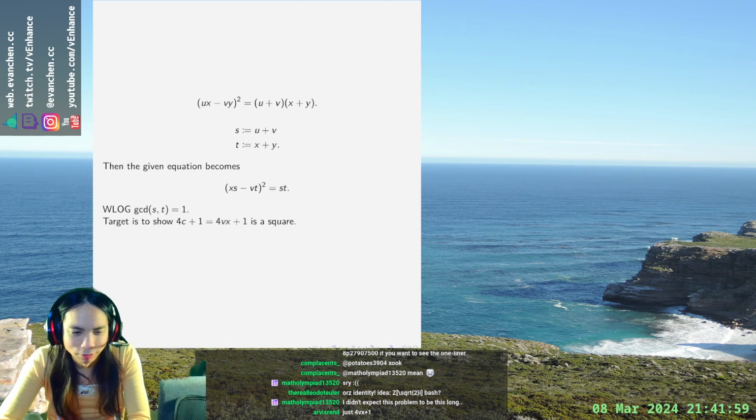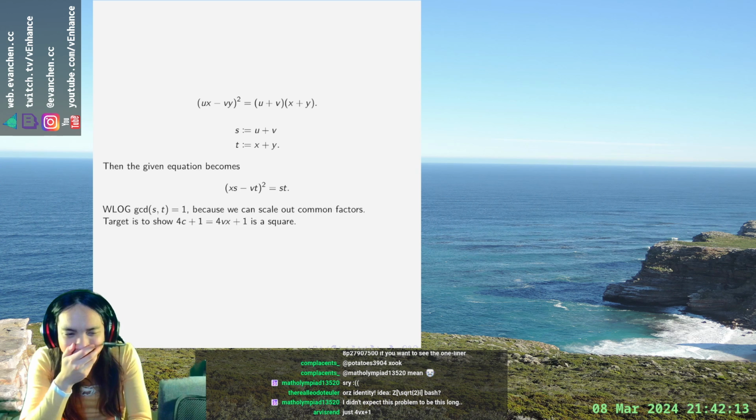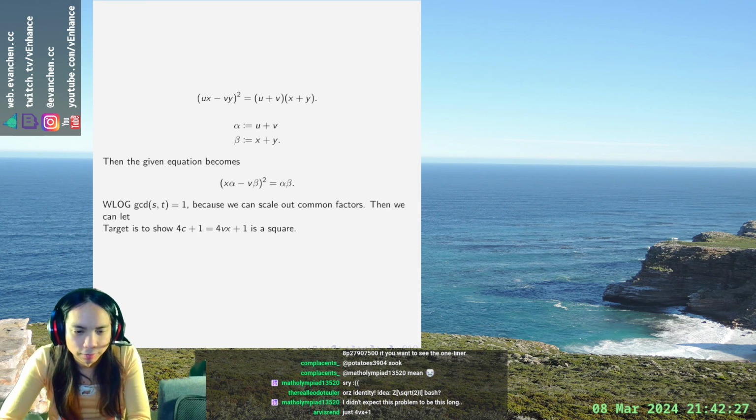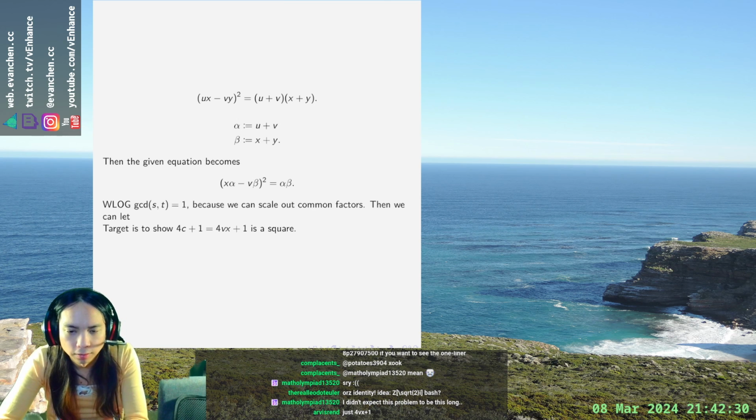Then we're going to run out of letters. I'm trying to avoid P and Q. We'll use alpha and beta so I don't have to use S and T. Then we can let alpha equal m squared, beta equal n squared, and write instead x m squared minus y v n squared is equal to mn.